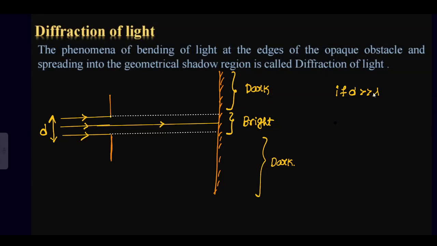But if d is not very much greater than lambda, if d is comparable to lambda, then the light ray will show one special property. We expect the light ray will hit here, but in this case, the light ray will bend like this and hit here.